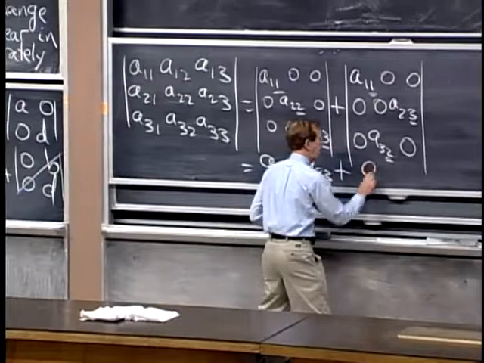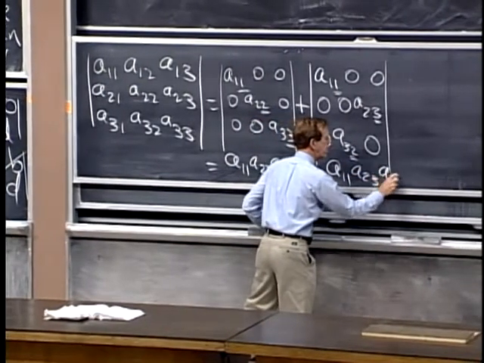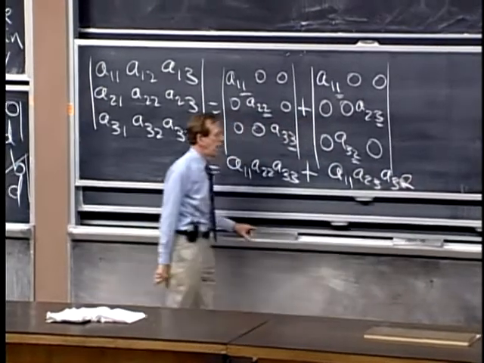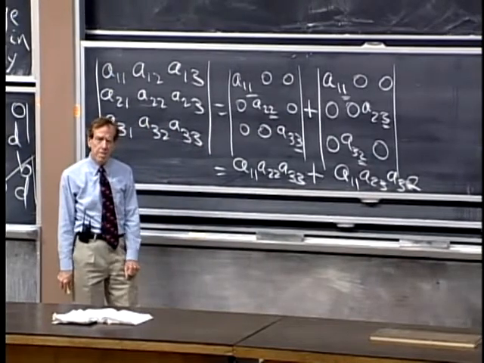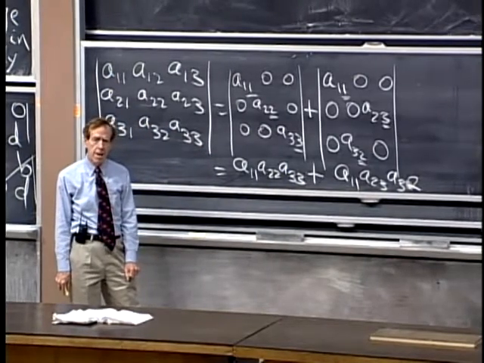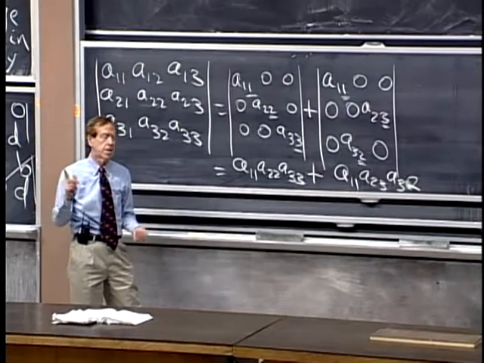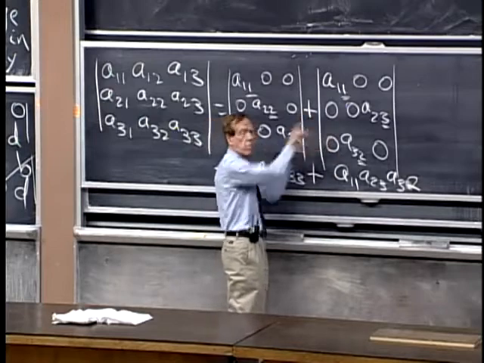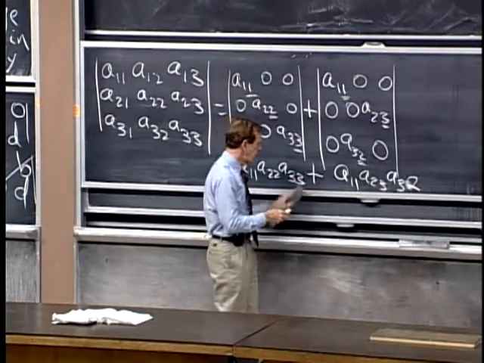I can factor out the A11, the A23, and the A32. They're in separate rows, so I can do each row separately. And then I just have to decide, is that plus sign or is that a minus sign? And the answer is it's a minus. Why minus? Because there is one row exchange to get it back to the identity. So that's a minus.